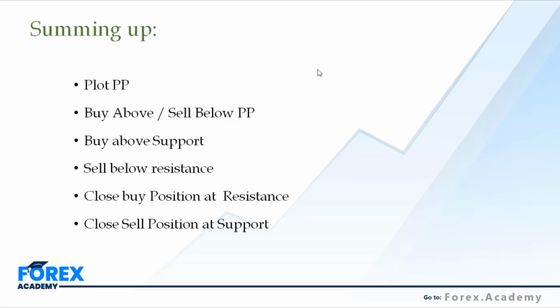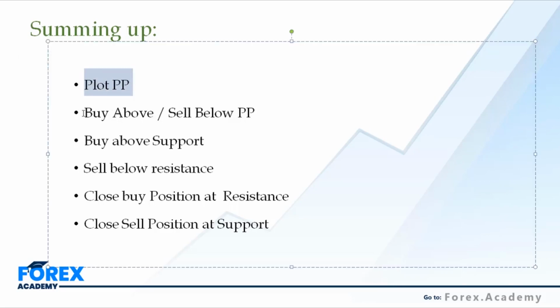Summing up, all you need to do in the morning is identify the pivot point. You need to buy above or sell below the pivot point. You need to buy above the support. You need to sell below the resistance, and close your buying position at the resistance level, and close your sell position at the support level.